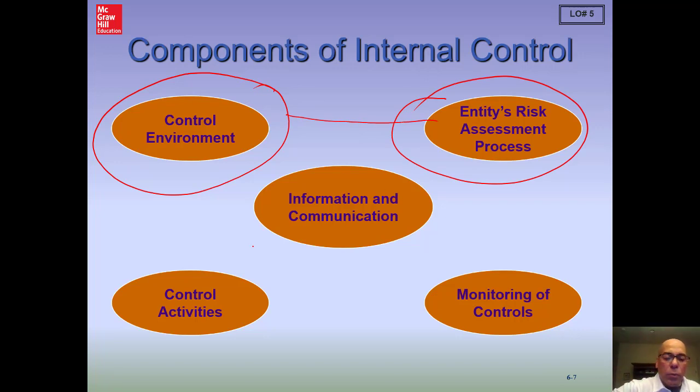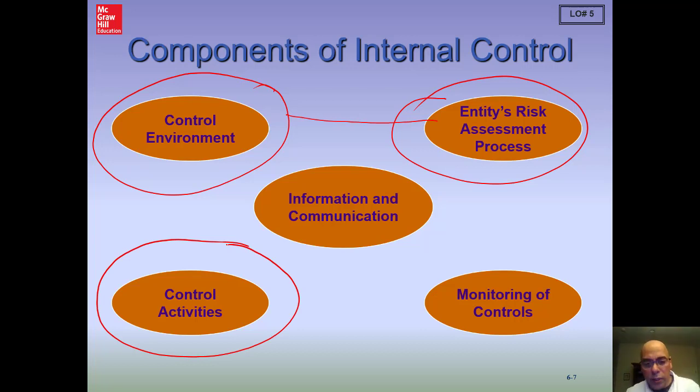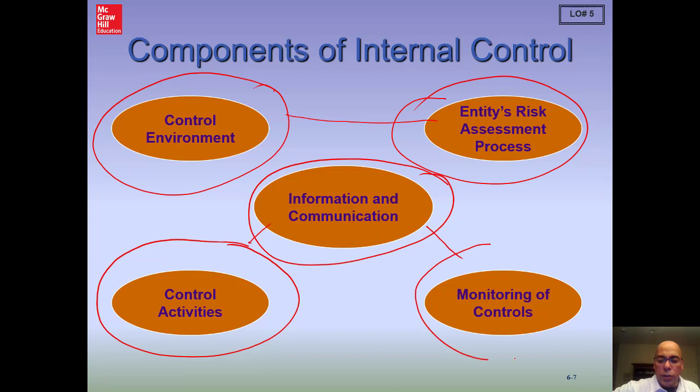Then we will go ahead and put control activities into place that will help us to accomplish the objectives. We will then inform individuals as to their responsibilities to carry out those control activities. And then, of course, we will monitor those activities to see that they are achieving those objectives.